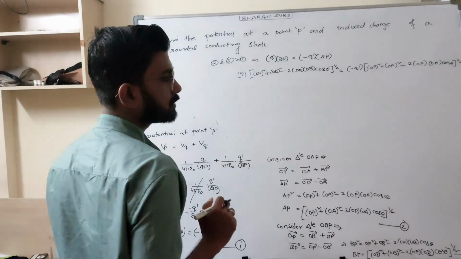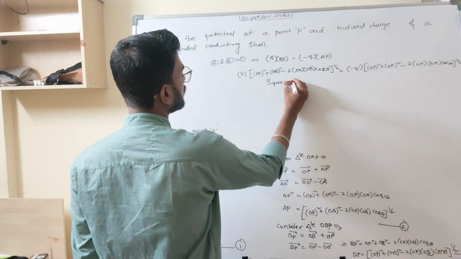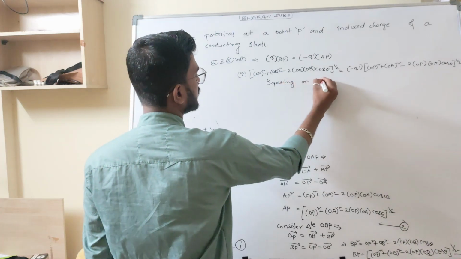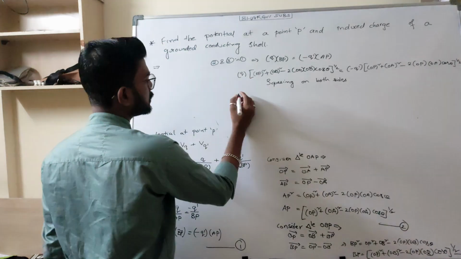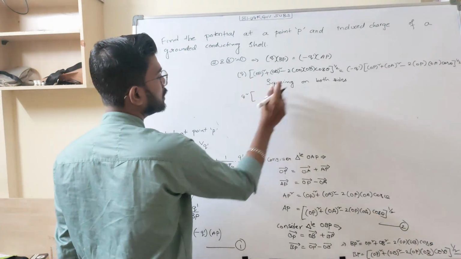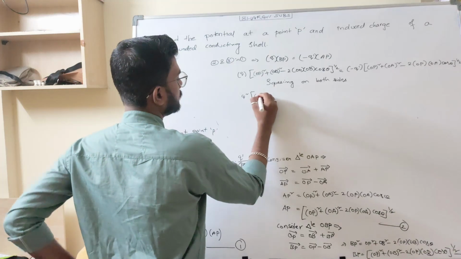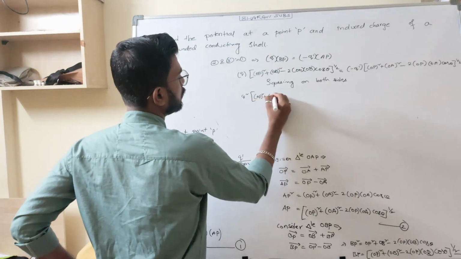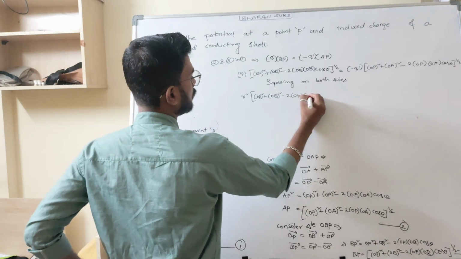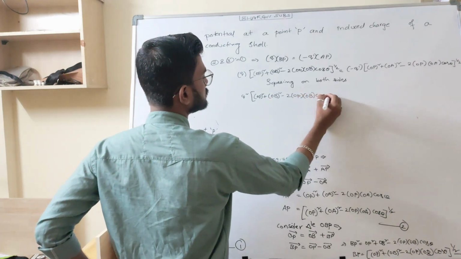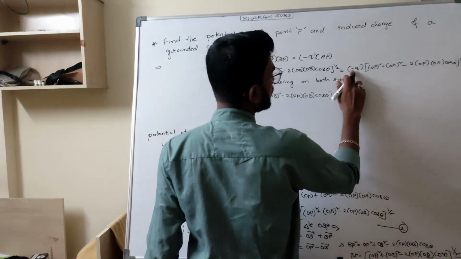Correct. Now I am squaring on both sides. Squaring on both sides means Q square into, this is whole to the power 1 by 2, so 2 by 2 which is 1. So OP square plus OB square minus 2 OP OB cos theta is equal to, minus will get positive.